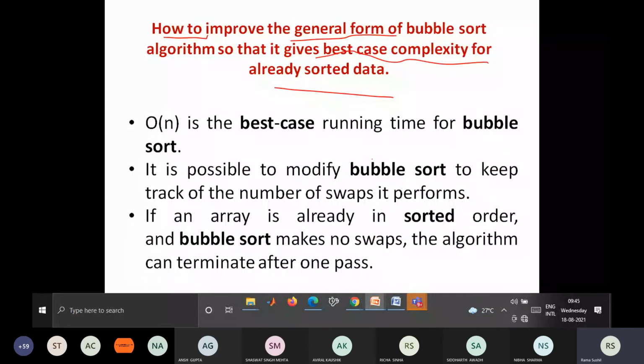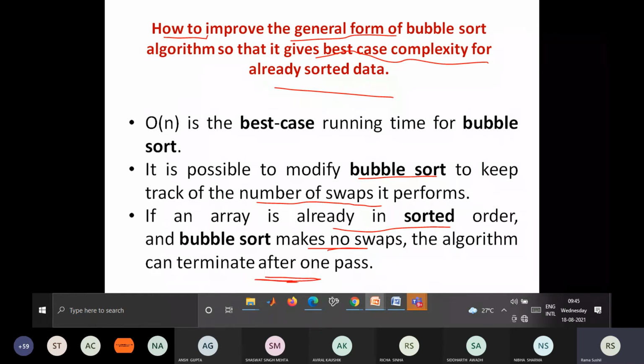So it is possible to modify the bubble sort to keep track of the number of swaps it performs. If an array is already sorted in order, then bubble sort makes no swaps, and we can have a variable to check for this. If swap is 0, then come out of the loop after one pass only.